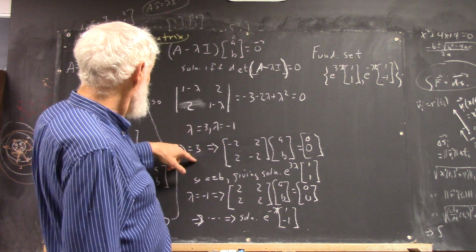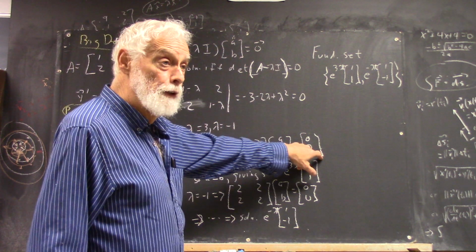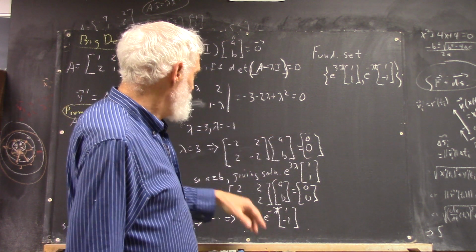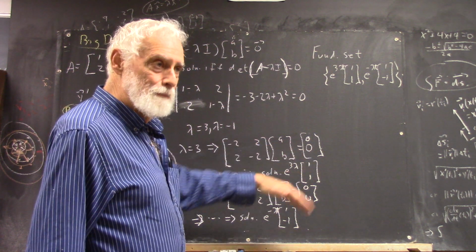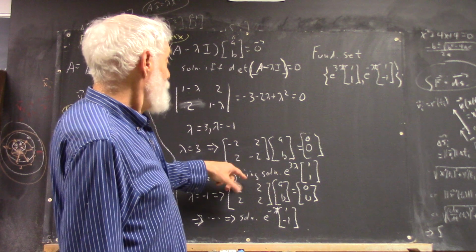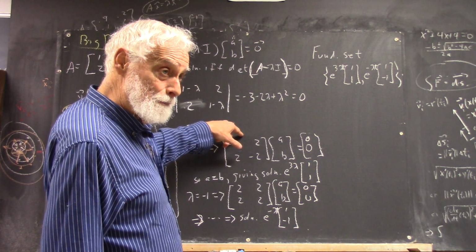We get this, just plugging lambda equals 3 here, we get this equation. The equation we get from the first row is a multiple of the equation we get for the second row, because the second row is a multiple of the first row. Okay?